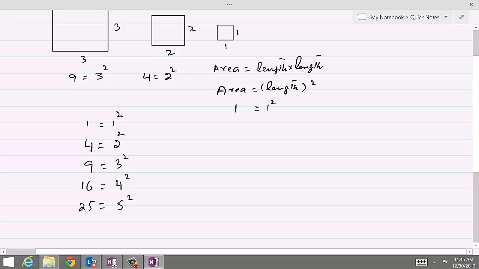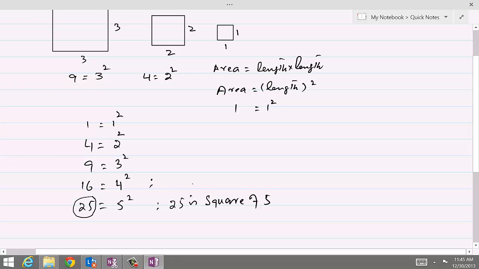Now we are going to carefully take a look at the way these relations are named. If you take a look at this last one, we say that 25 is the square of 5.